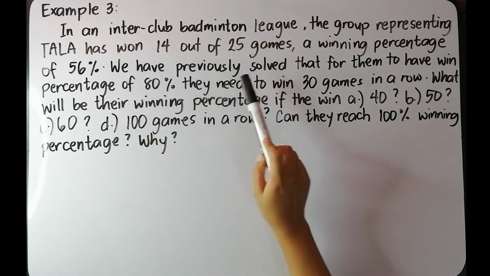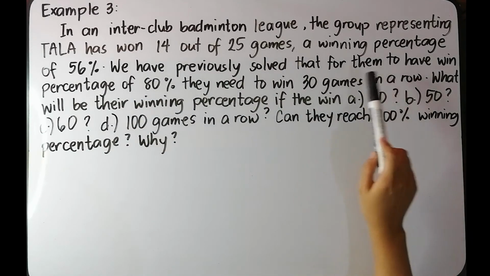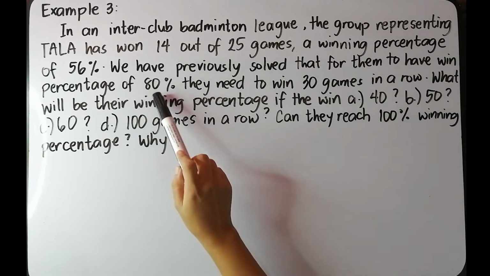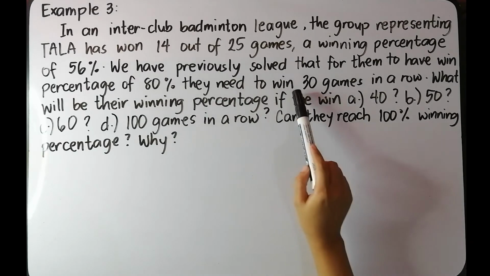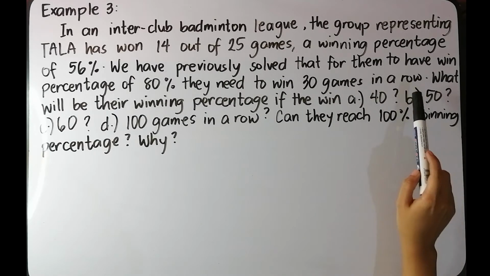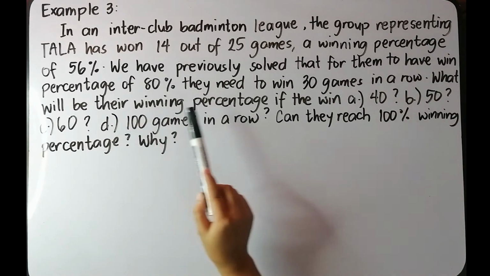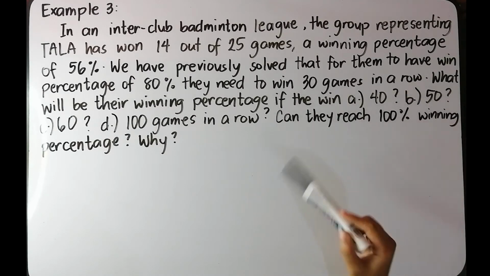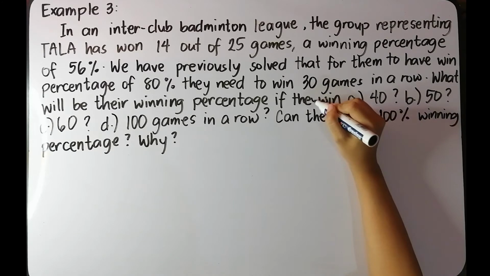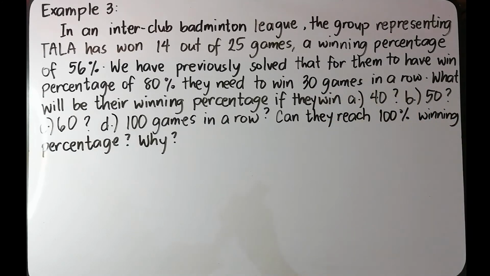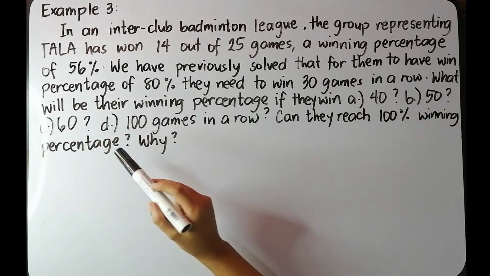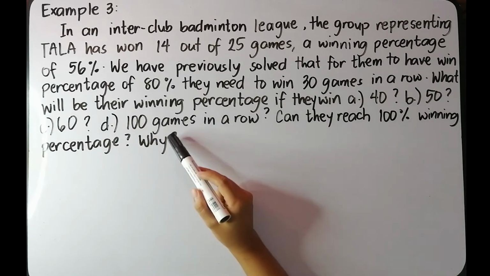We have previously solved that for them to have a winning percentage of 80%, they need to win 30 games in a row. What will be their winning percentage if they win A 40, B 50, C 60, and D 100 games in a row?